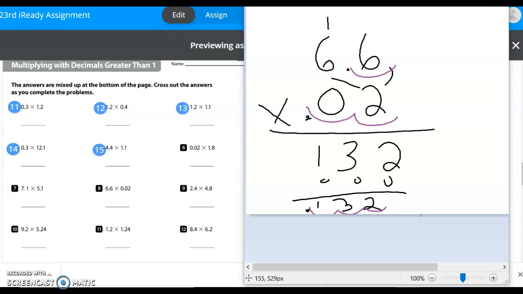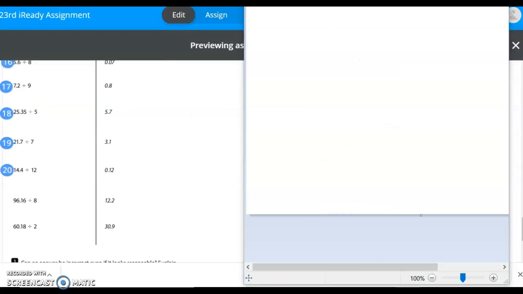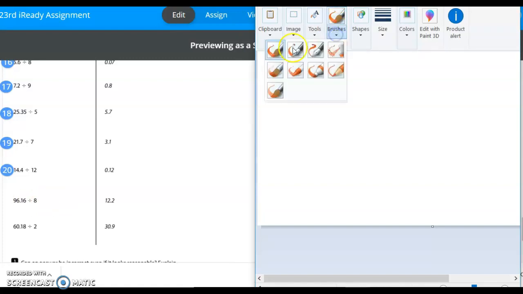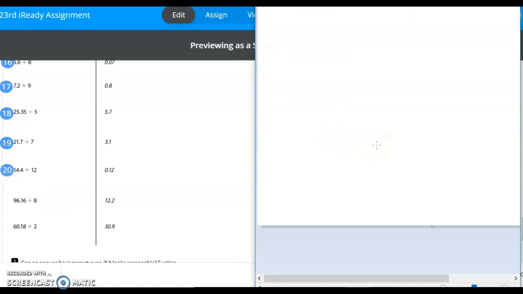Okay, so we're going to try another problem in division, and then I'm just going to let you go forth. All right, I've already scooted down to my final page, and I'm going to do this problem here, 96. So we're going to go ahead and write our problem out on the board, and we've got 96 and 1600ths.